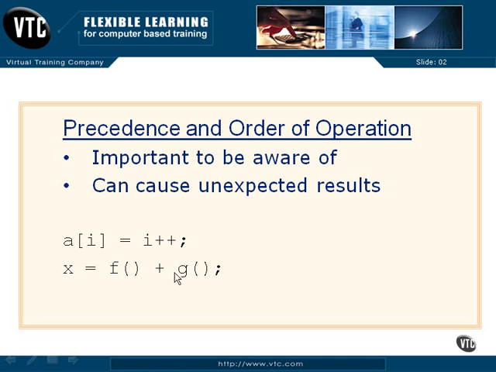If f and g both work on another variable, and that variable is affected differently depending on whether f is called first or g is called first, then we're going to have a problem, because we can't tell the compiler which one to do first. It will not necessarily do this function call and then that function call. It might decide to call g first and execute the statement that way.